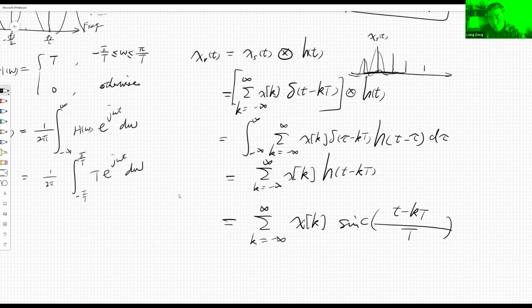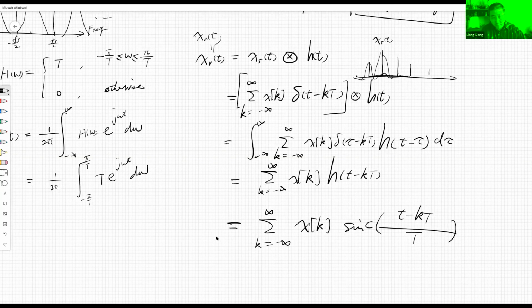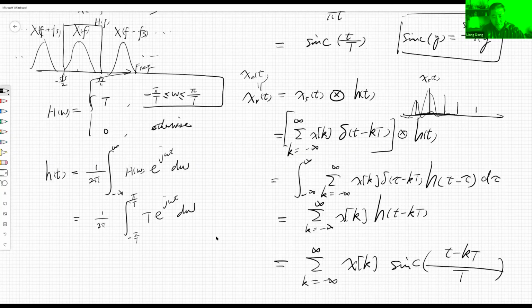This is exactly equal to your original analog signal if you do this low-pass filtering following the Nyquist rate.